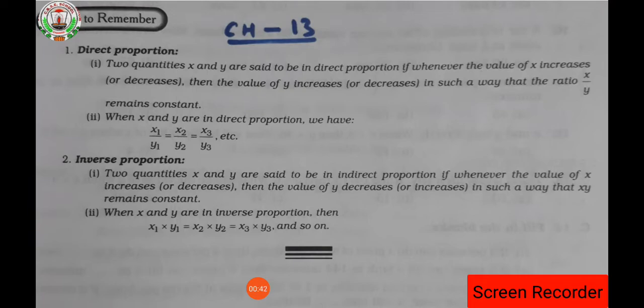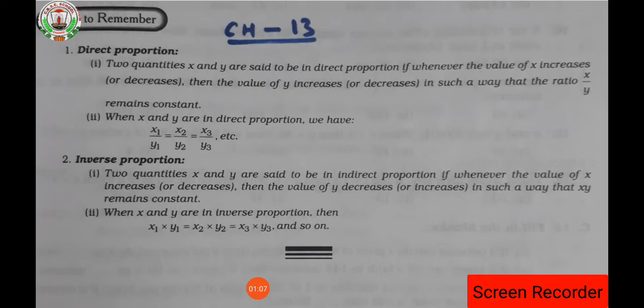Okay, first direct proportion. Two quantities x and y are said to be in direct proportion if whenever the value of x increases or decreases, the value of y also increases or decreases in such a way that the ratio x upon y remains constant.